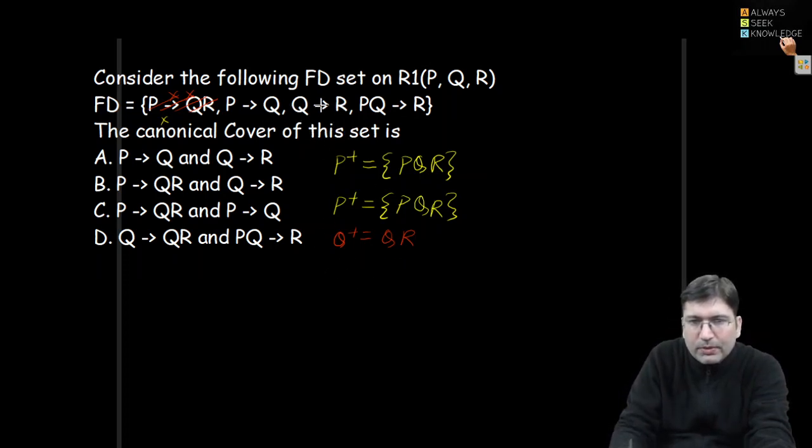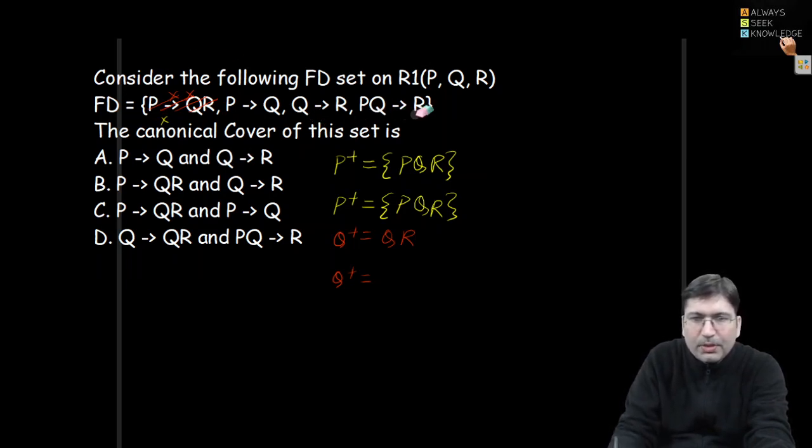But if you remove this rule, Q implies R, and you want to find the closure of Q, then you will not be able to find QR in the closure of Q, right?